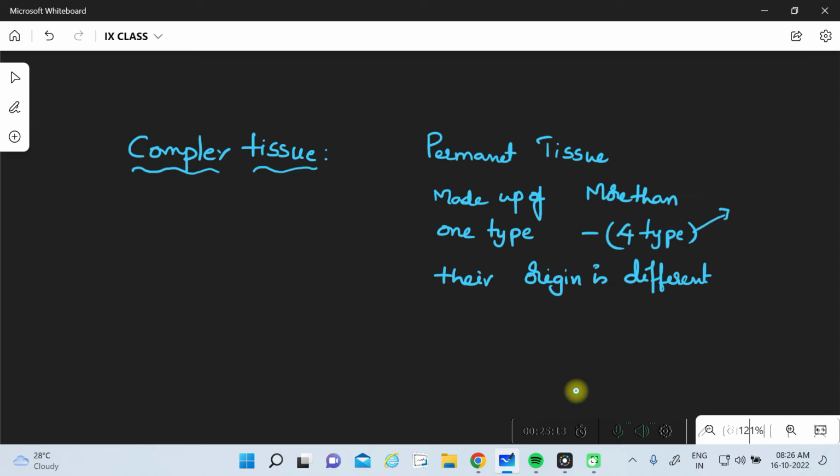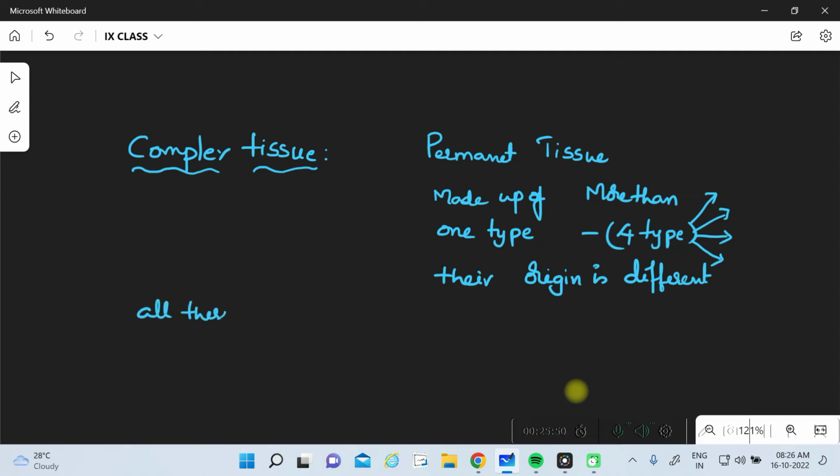All these four types of cells are formed from four different mother initials. So all the types of cells are formed from different initials. But all these different cells present in this permanent tissue work together to perform a particular function.